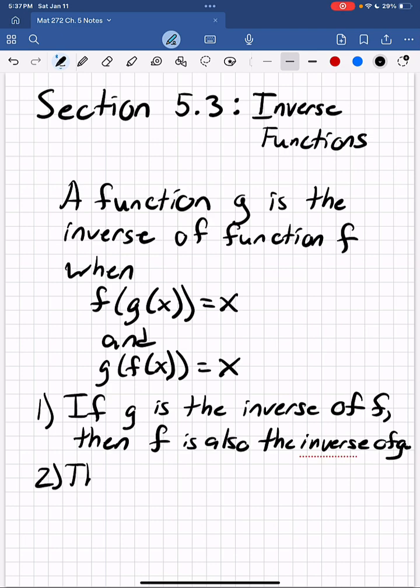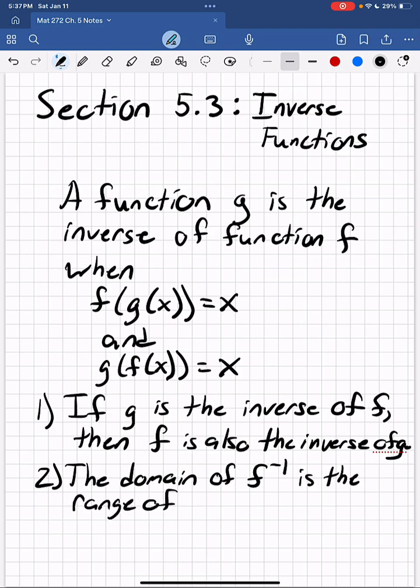The domain of f inverse, and we denote inverse with that little negative one, the domain of the inverse of f is the range of f.